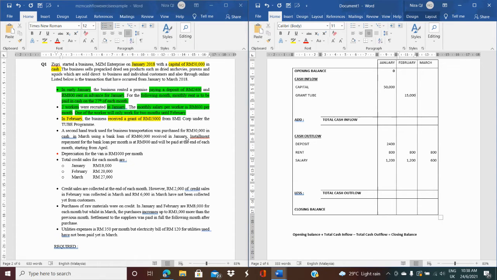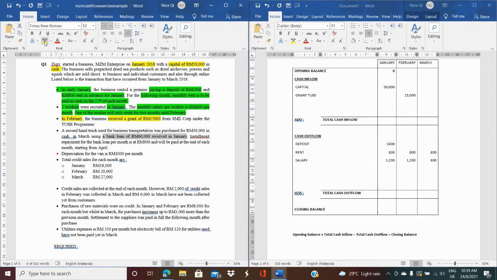It means that the company has secured a loan that was given to the company in January. So highlight this as an inflow, because the company has a bank loan received in January.